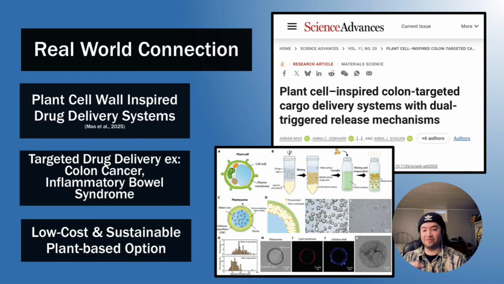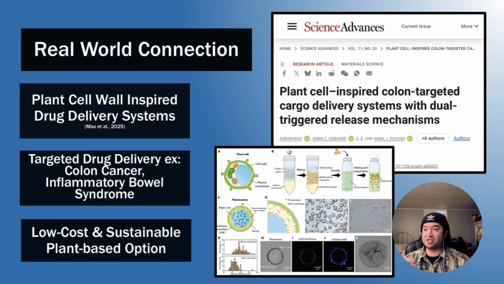So essentially, as you can see in this picture, the scientists devised their own plant cell that mimicked the structure of a cell wall. They put different substances within this pill, basically, and then exposed this pill to different environments that mimicked stomach acid and mimicked colon chemicals, essentially.